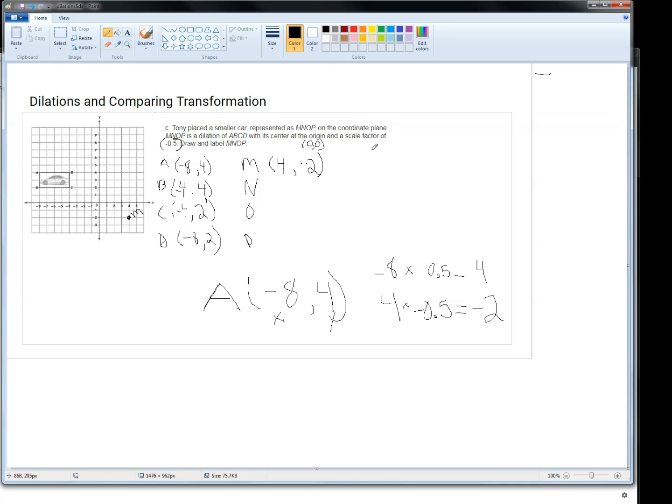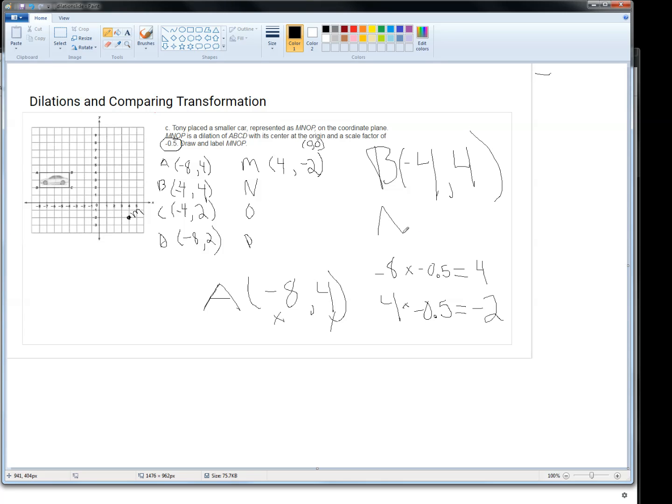Let's do point B. B is going to become N. B was negative 4, 4. The x value was negative 4, the y value was 4.